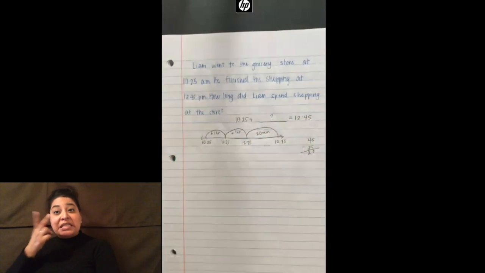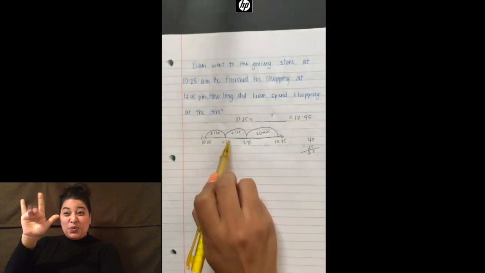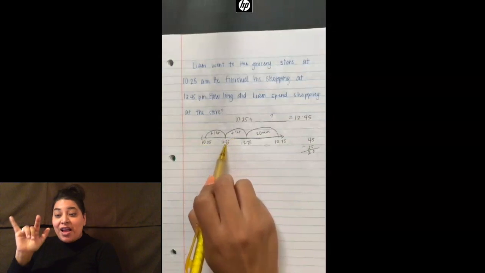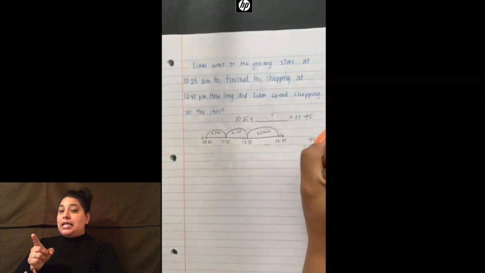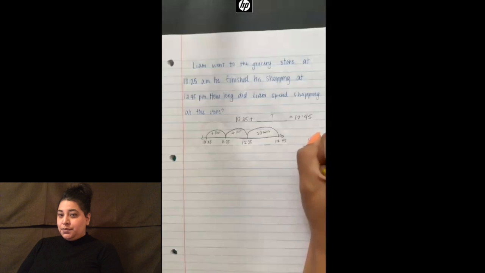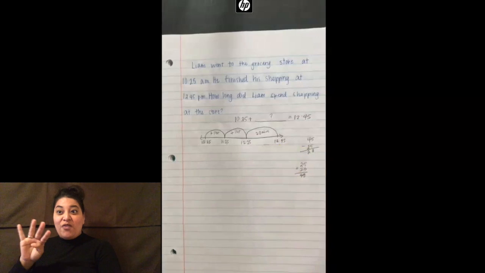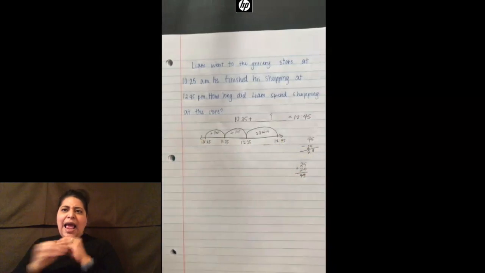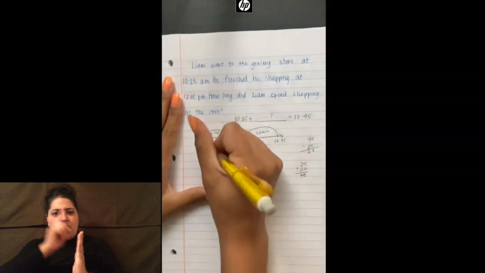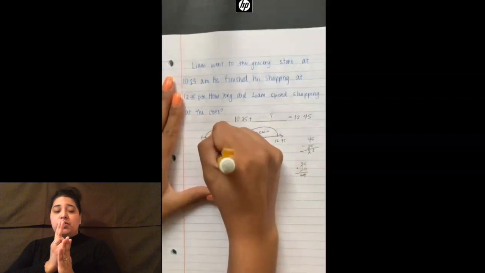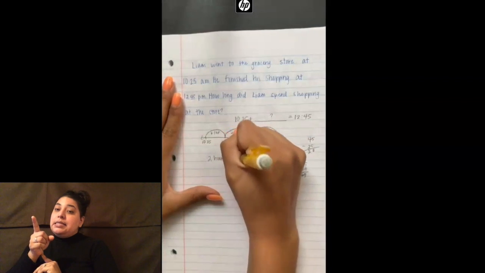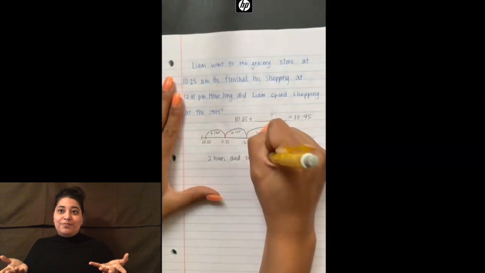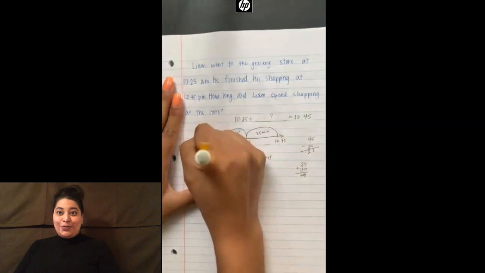Okay, so let's see. 10:25, 11:25, 12:25, and 25 plus 20 minutes is 45. So it does match up with our end time. Now we need to add that time up. So 1 hour plus 1 hour, that's 2 hours. And all we have is our 20 minutes left. That's your answer, guys.